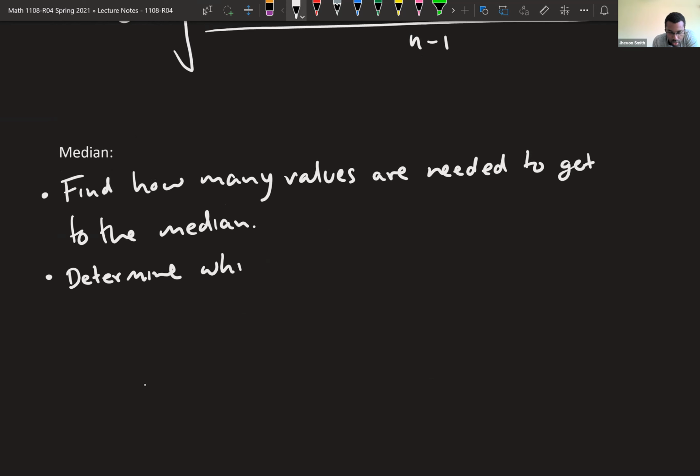Determine which bin this value would be in.